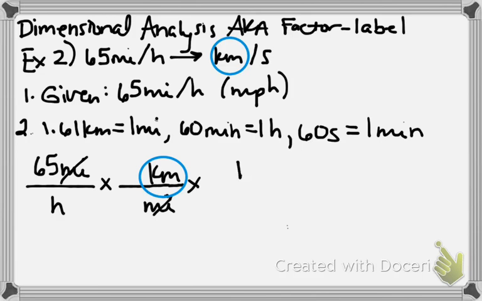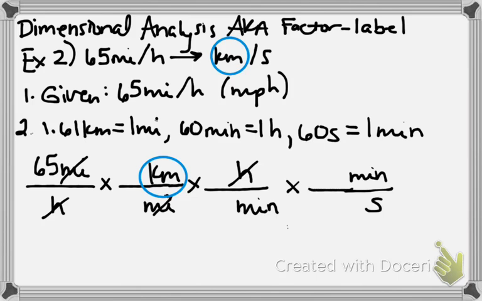So hours is going to go on top up here because they're going to divide out across this. Because we're multiplying everything, even though they're not right next to each other, they will divide out. And you have minutes on the bottom, and then we can convert minutes to seconds. Okay? So the minutes would divide out. I'd be left with seconds, which matches those seconds.